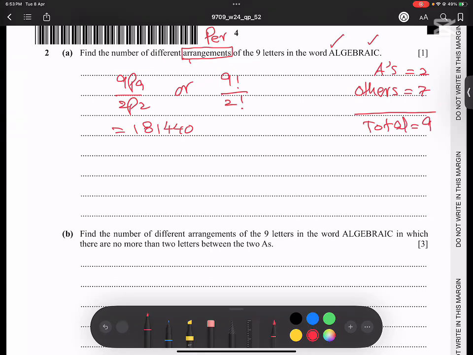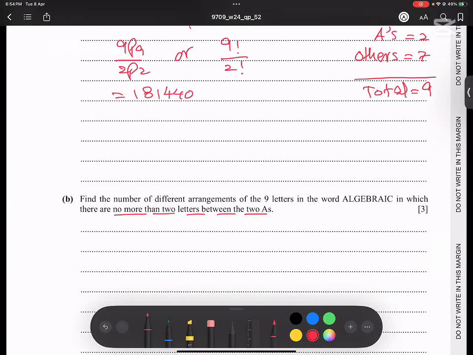Find the number of different arrangements of the 9 letters of algebraic in which there are no more than 2 letters between the 2 A's.